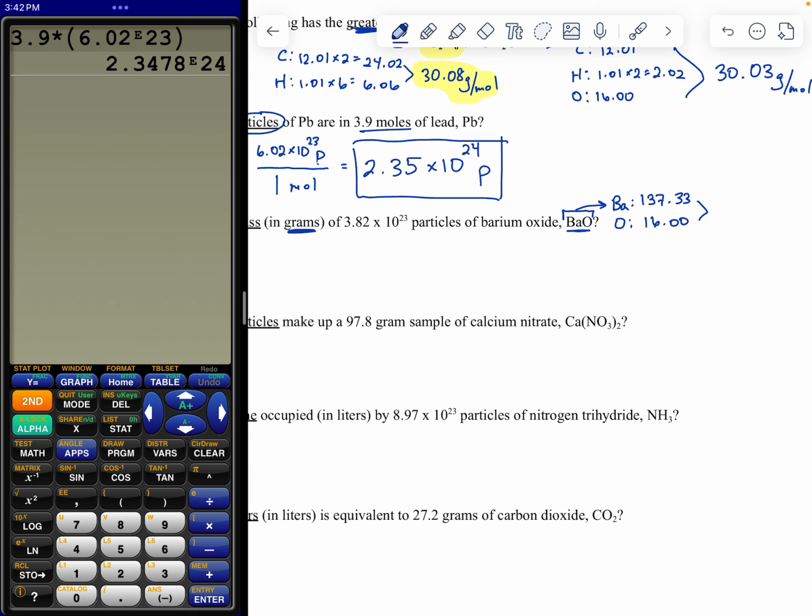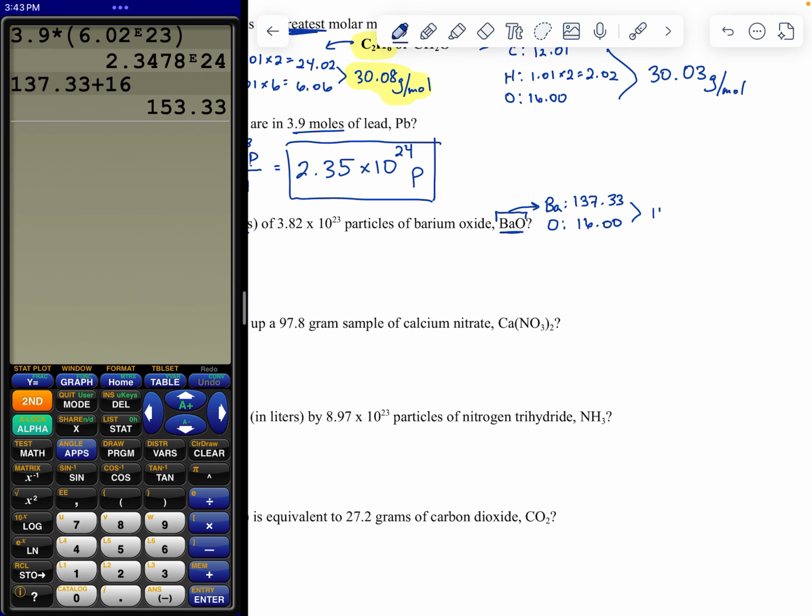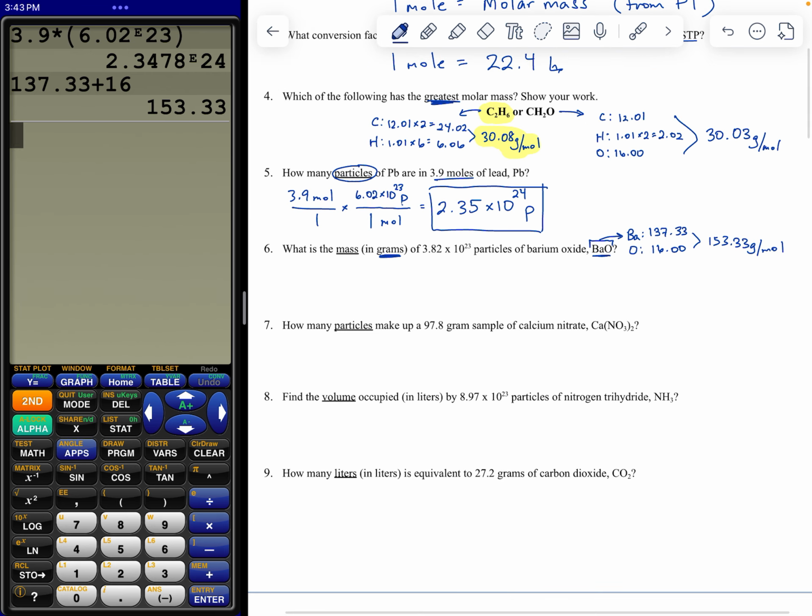Right, add those two together, 137.33 plus 16. That gives us 153.33 grams per mole. And now we run over here, and that we keep to the side for now until we need it. Remember, that's going to be how we can go from mole to gram or gram to mole or vice versa.